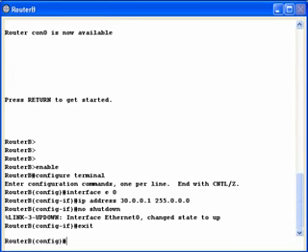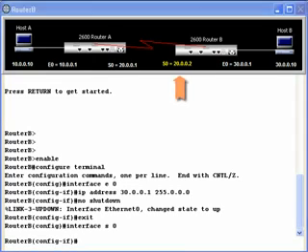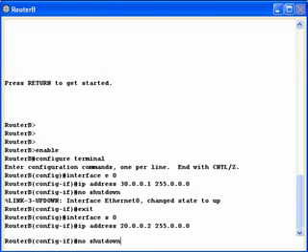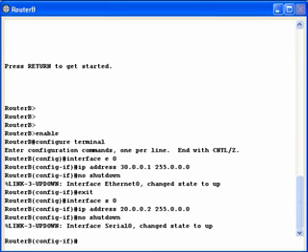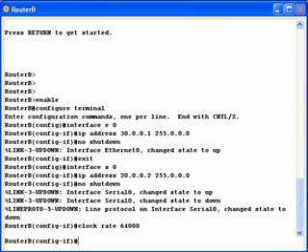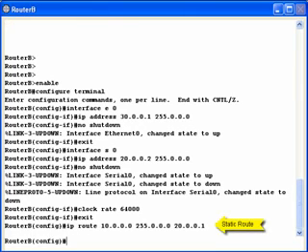Exit. Interface S0, assigning IP address to it. No shutdown. Clock rate of 64,000. Configuring the static route as before. Exit. Now we have completed configuring both router A and router B.